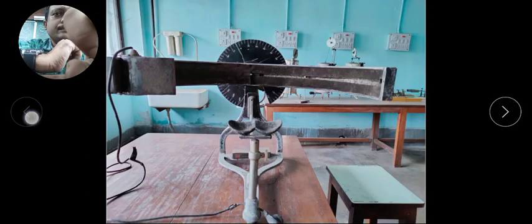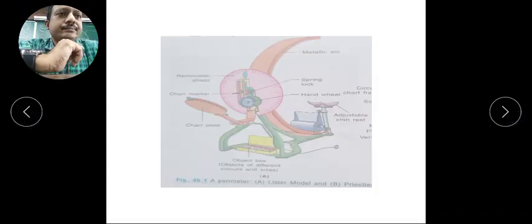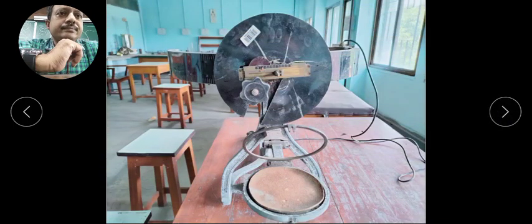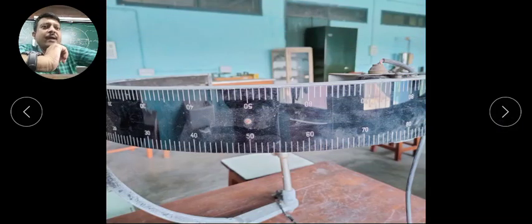Now in the previous slide, carefully see that the outside of that metallic arc is graduated from 0 to 90. 90 is at the outer end, and 0 at the center, as the maximum field of vision is about 90 degrees for a 10 millimeter white object in this perimeter.